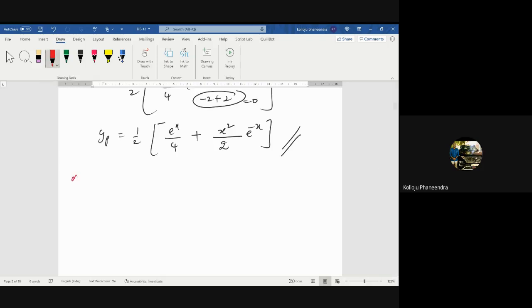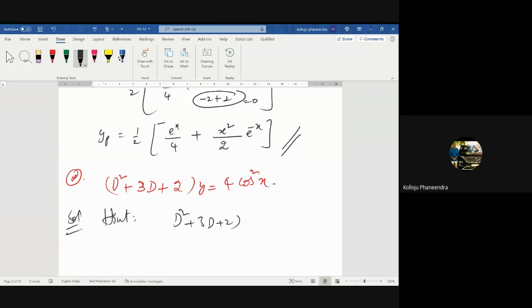Next question. D square plus 3D plus 2 into y equal to 4 cosine square x. Hint only, you can solve this problem. Cosine square x can be written as 1 plus cos 2x by 2.